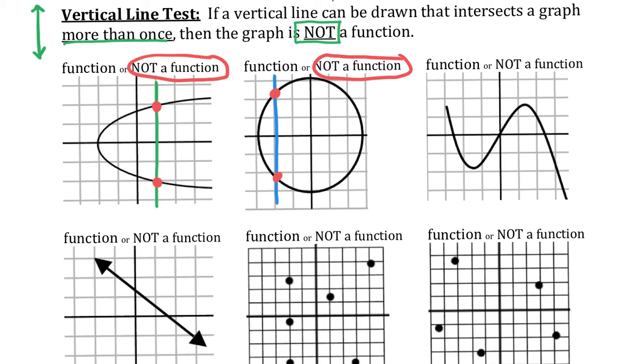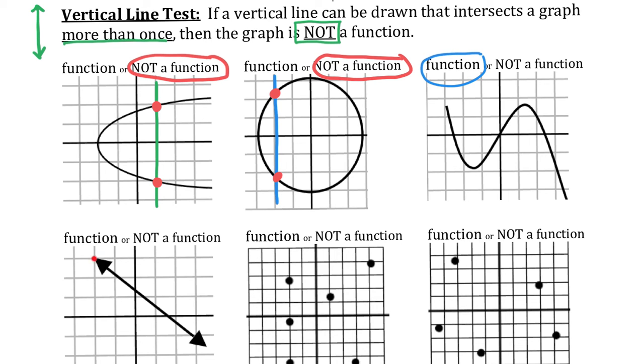It's a polynomial function. I want to see if there's a vertical line I can draw that will intersect this graph more than once. So if I drew it here, that would only hit once, only once, only once, only once. I don't see any place I could draw a vertical line where it will intersect the graph more than once with the same line, so this is a function.